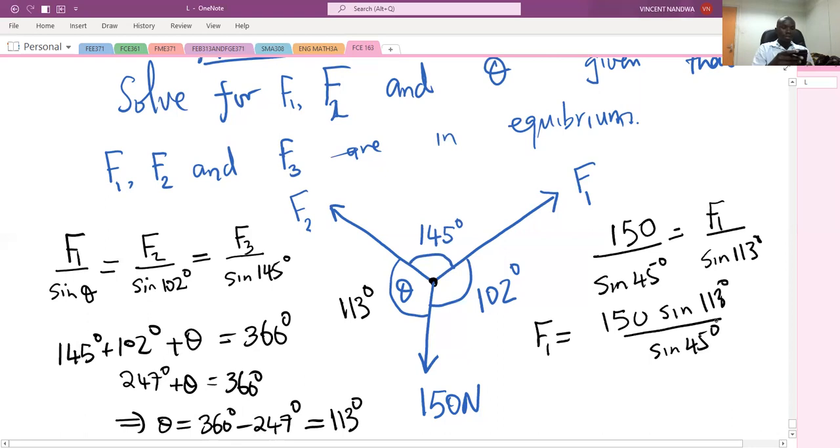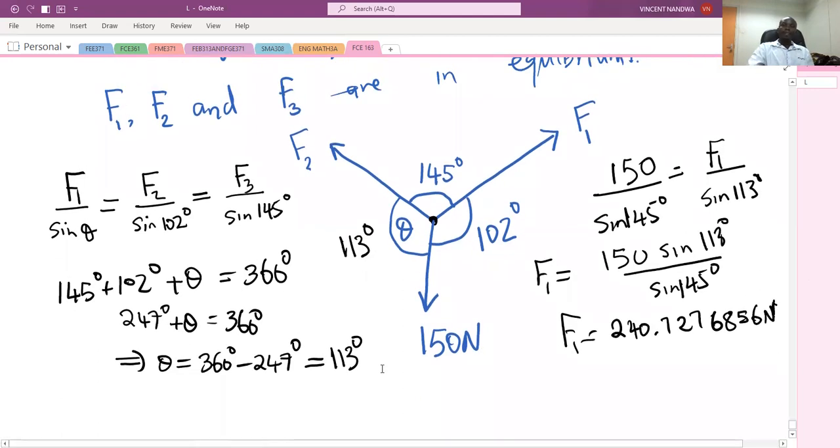So 150 sine of 113 divided by sine of 145 gives F1 as 240.7276856 newtons.